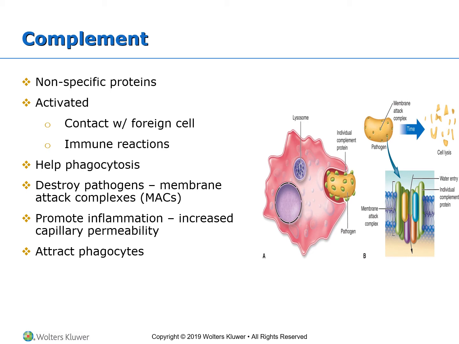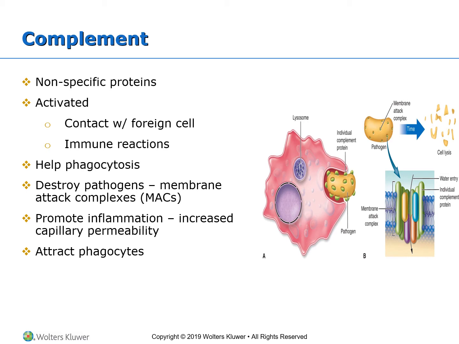It will destroy cells by forming what are called channels, called membrane attack complexes. What they are doing is putting tiny holes, perforating the membrane of the pathogen. As a result of perforating their membrane, the water from the body will enter the pathogen and make it explode.